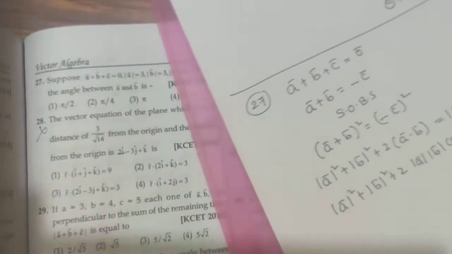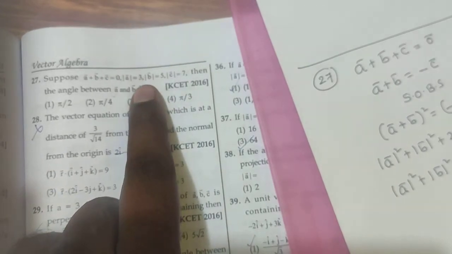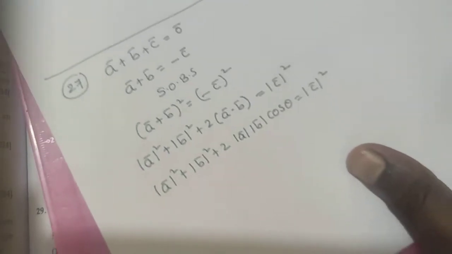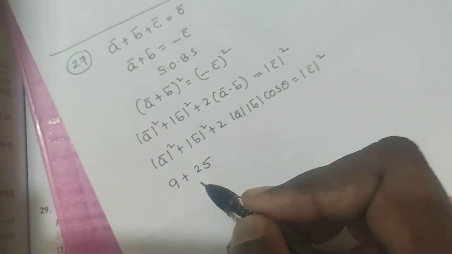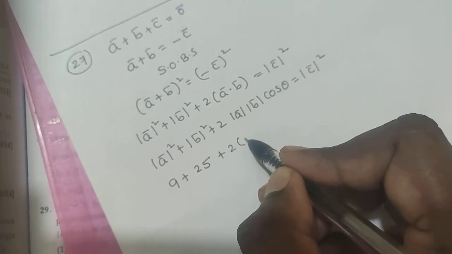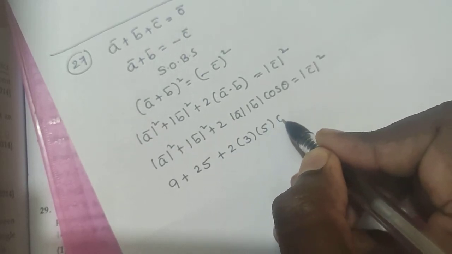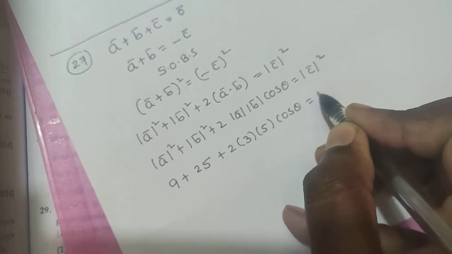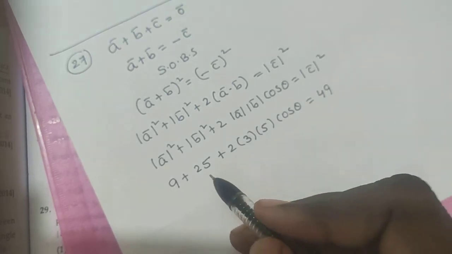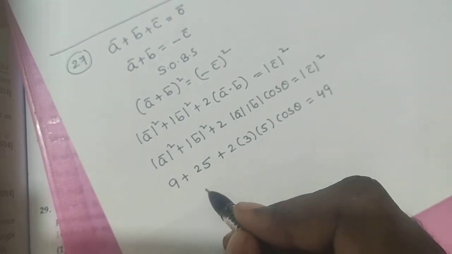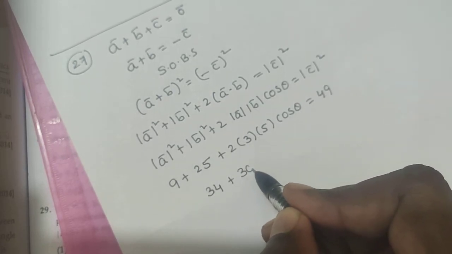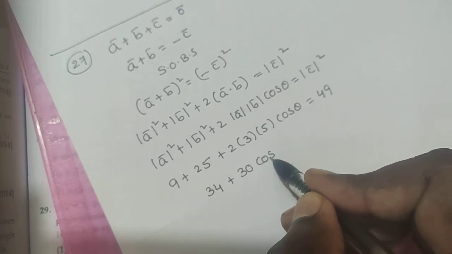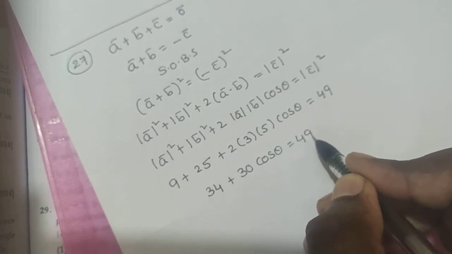But in the question they given mod a bar is 3, mod b bar is 5, mod c bar is 7. Substitute 3 square 9, 5 square 25, plus 2 into 3 into 5 cos theta equals 7 square 49. 25 plus 9 is 34, plus 30 cos theta is equal to 49.